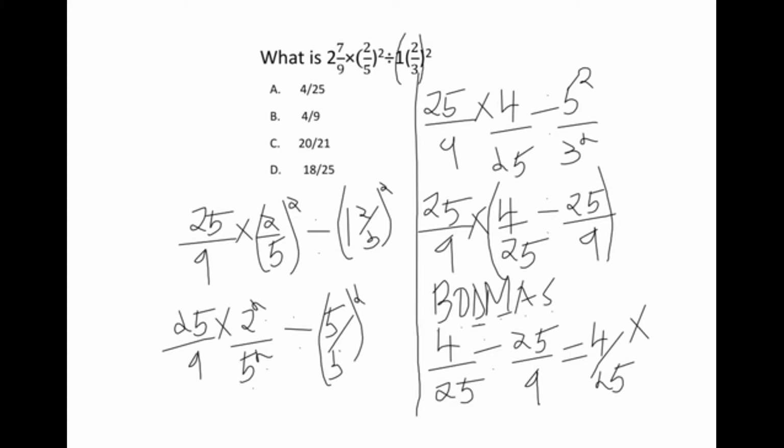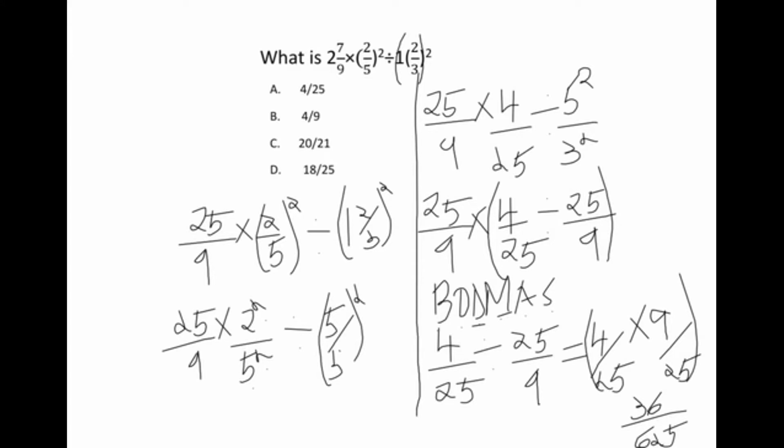So the reciprocal of 25 over 9 is 9 over 25. This will give us 4 times 9 is 36, over 25 times 25 is 625. So we have 36 over 625.